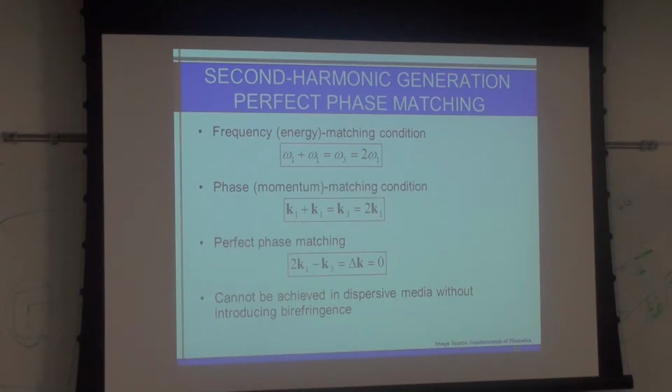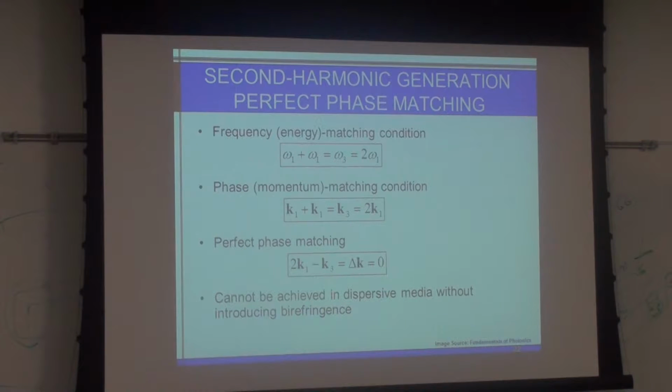So with SHG, the only difference between sum frequency generation, taking two frequencies, adding them up, and coming out with a third frequency, and second harmonic generation is when those two frequencies, omega 1 and omega 2, are equal, the so-called degenerate condition. So omega 1 plus omega 1 equals omega 3, which equals 2 omega 1.